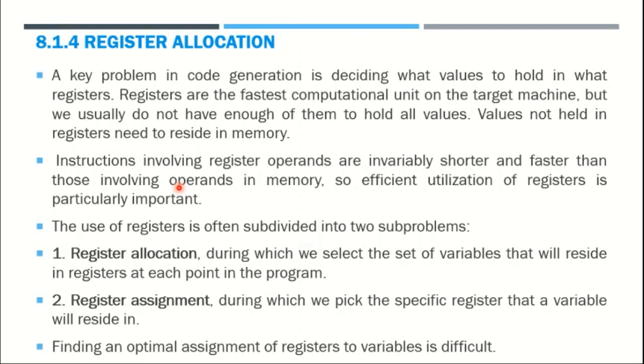But only a very limited amount of register memory is available in target machines. So how can we choose which instruction-related data will be stored in registers and which data will be stored in memory? That is the key problem in code generation.